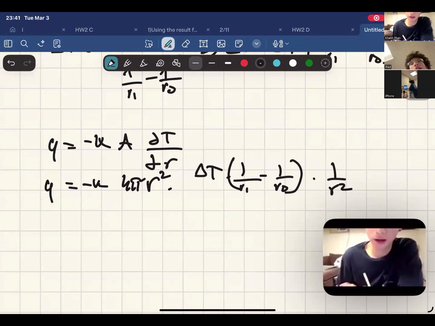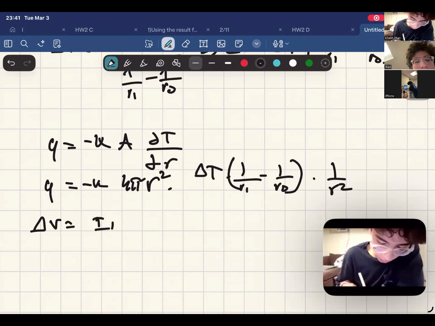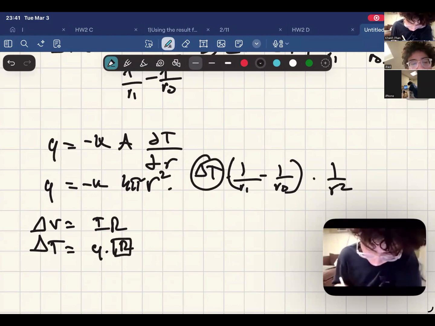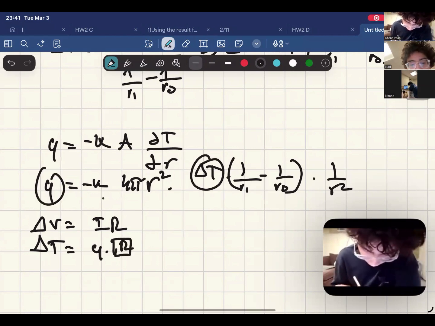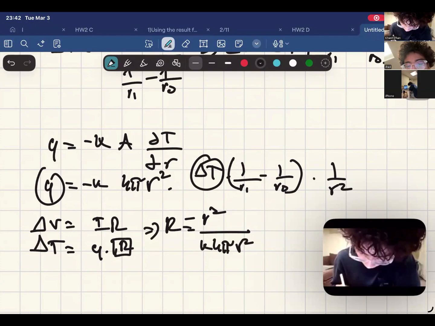Now let's do a circuit analogy, okay? So we have delta V is equal to IR, and then for thermal, we would have delta T is equal to Q times the resistance. So we have delta T here and we have Q here. So the rest of this would be our resistance. So let's write it in the correct terms, okay? So R is equal to negative k 4 pi r squared.